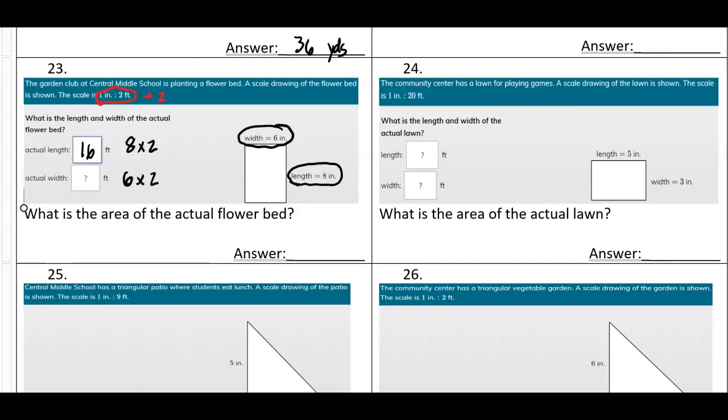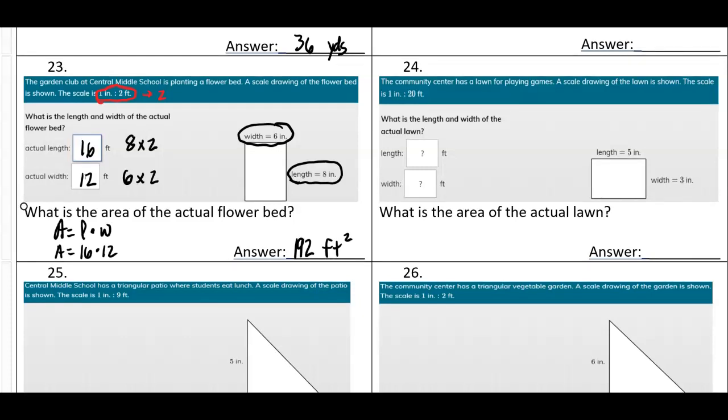Multiply that by my scale factor. I get 12. So what's the area? Remember, area is just equal to length times width. So area in this case is equal to my length, which is actually 16, times my width, which is actually 12. And so I get my answer of 192 feet squared. Area is always squared. Okay. Pause the video, try number 24.